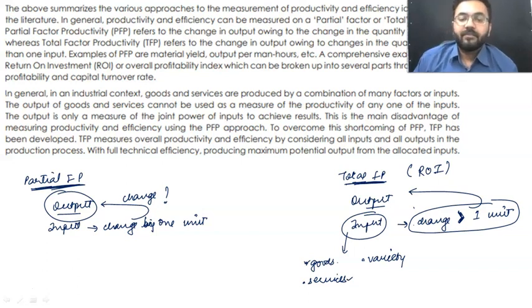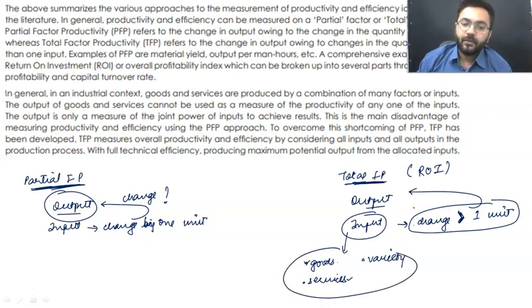And this is one of the biggest disadvantages. If the input contains three to four options or varieties, it will be a confusion. In order to overcome this, we are going to consider all inputs.